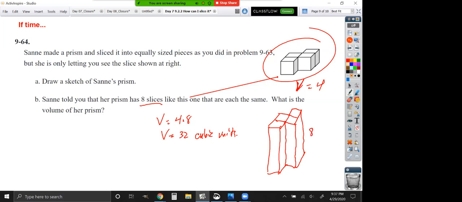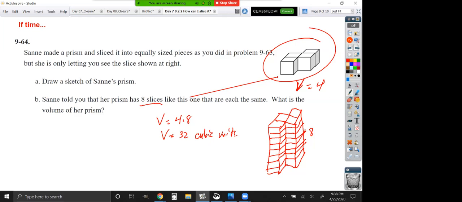So if you have 8 layers high and there's 4 on top, that's going to be 8 times 4, 32. Let's see if I can cut the 8. Maybe I can. It's not going to look very square though. There's 4, 5, 6, 7, 8. There we go. 8 layers of that. That makes a total of 32 cubic units.